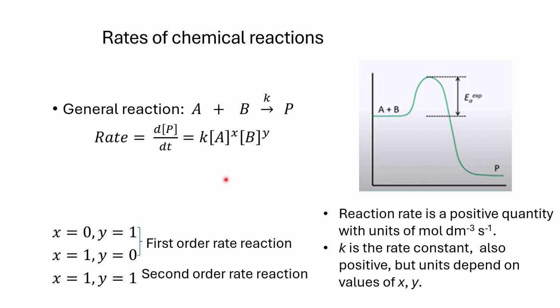The overall order of the reaction equals x plus y, whereby K is a rate constant. The rate constant has a positive value, and its unit depends on the overall order of the reaction. The unit for the rate can therefore be written as mole per liter per unit time.